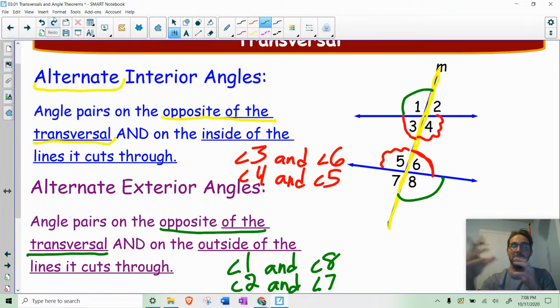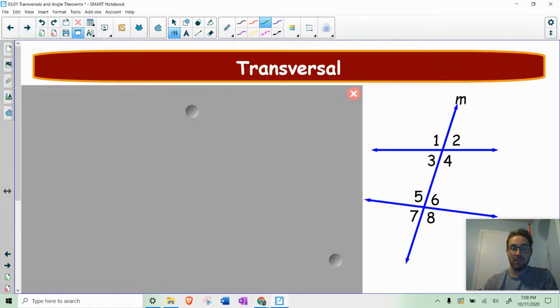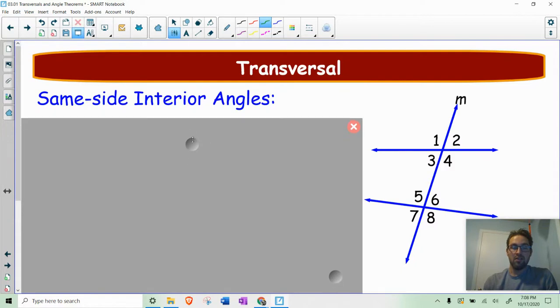So we're just looking at angle pairs, specific pairs of angles and how they could be related. We have alternate interior, alternate exterior. Next, we've got some other ones. We looked at if our two angles were on opposite sides of the transversal, if they were alternate, but they could also be same side.